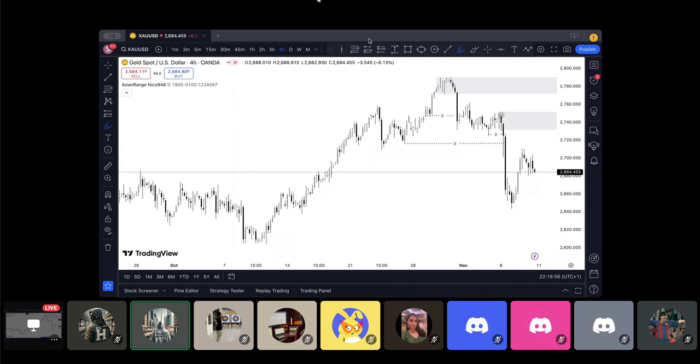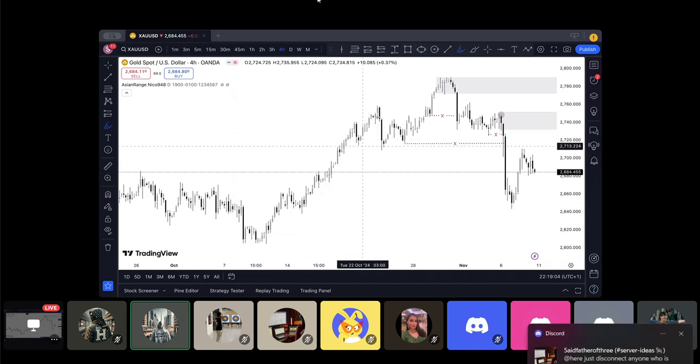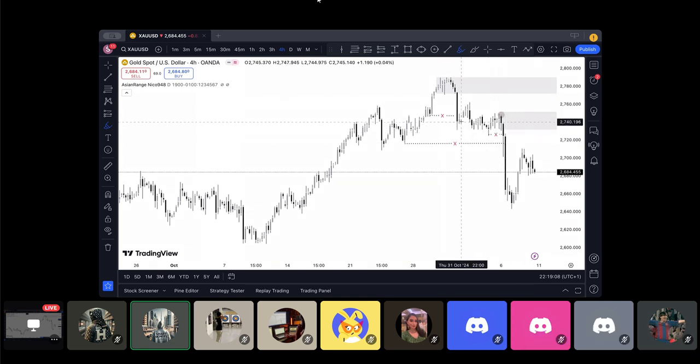I don't really want to see the red because I feel like the red shows some danger in my brain. So basically, as soon as we had the change of character, you can see how the candles are coming.